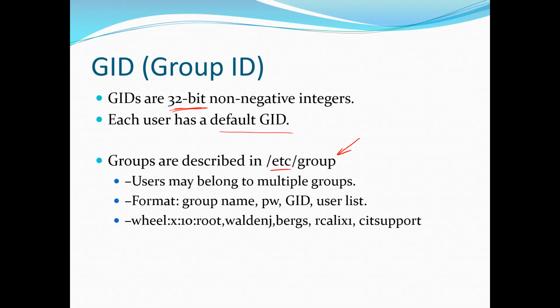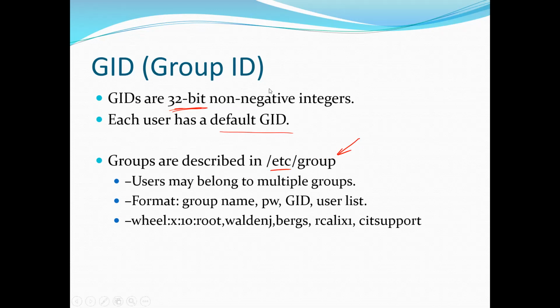Users may belong to multiple groups, so that is something else you will do on Wednesday when you do your lab. You will create some groups and then try to provide access control rules for those specific groups.